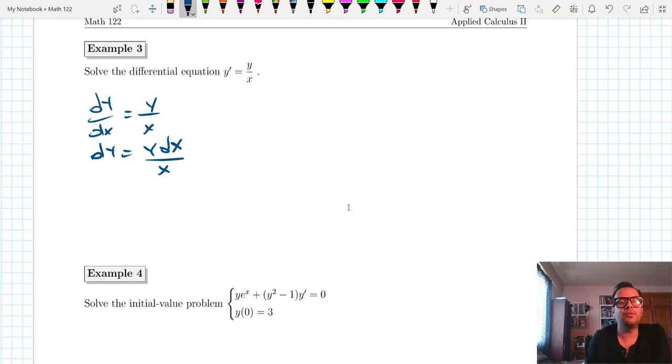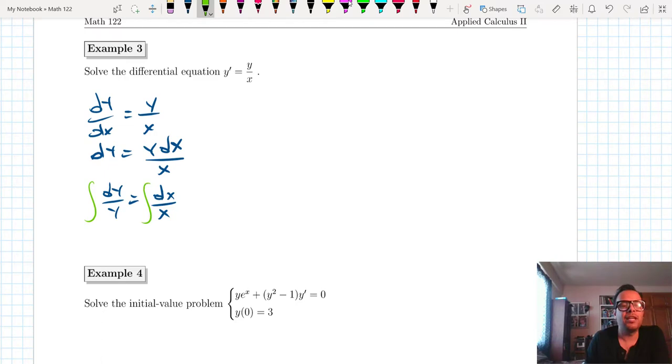And I'm going to divide both sides by y, in order to get the y's on one side and the x's on the other side. Now that we have the variables separated, integrate both sides.